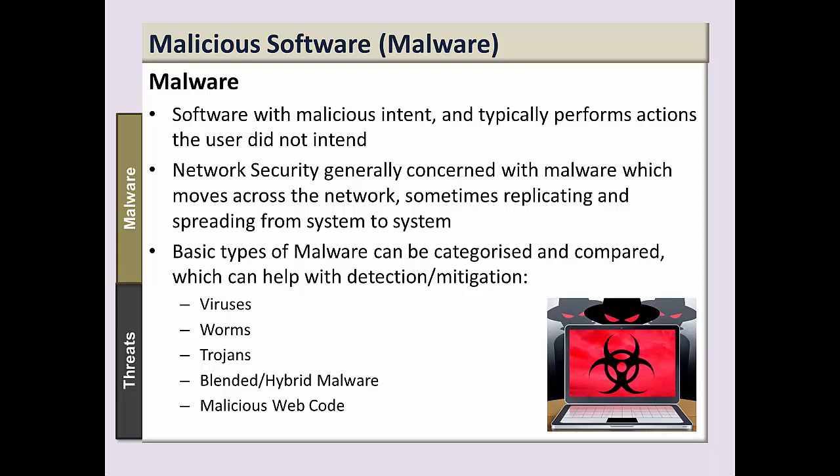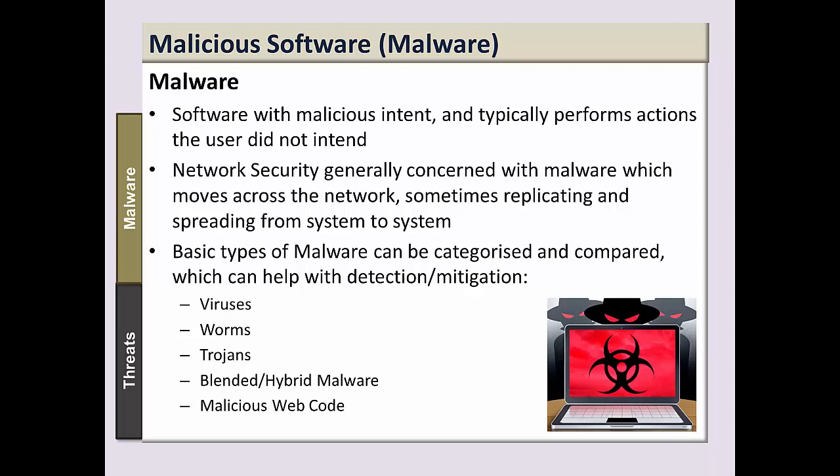In terms of network security, we're usually interested in malware which is moving across the network, typically things like worms and self-replicating malware. But obviously host-based and user-targeted malware is also typically moving across the network now, quite often hidden in inconspicuous places.